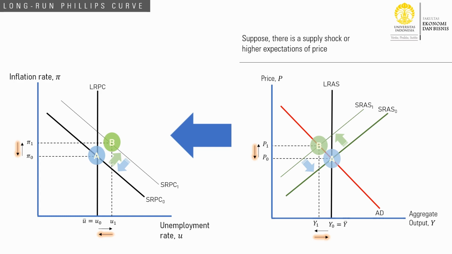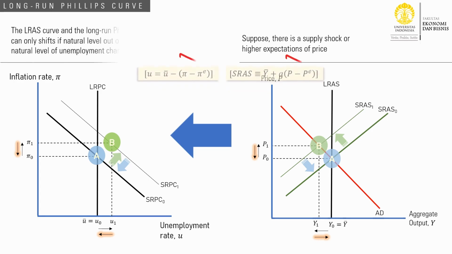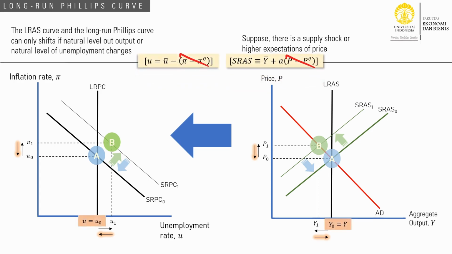So, supply shock or change in price expectation leaves the vertical LRAS curve and LRPC unchanged at the same natural rate of output and unemployment respectively.